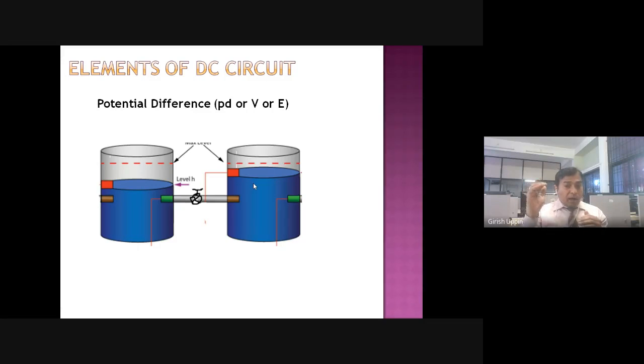Everybody agreed? The flow of water is what you can call water current. The water current will be there as long as there is a difference in the potential. The minute both tanks have the same level of water, there is no water current. Water will stop flowing from one tank to the other.